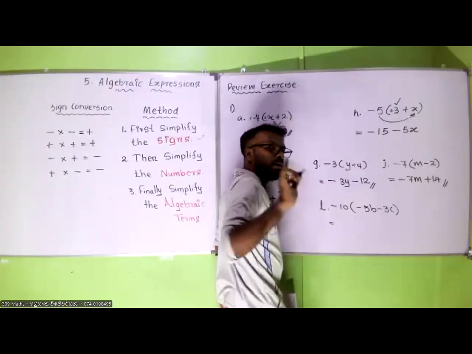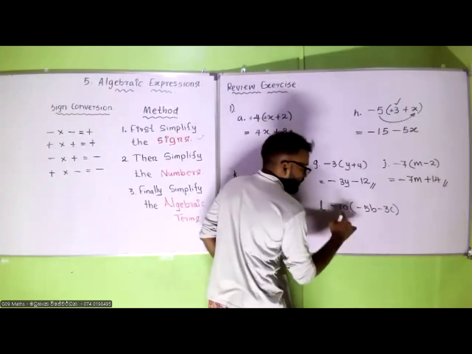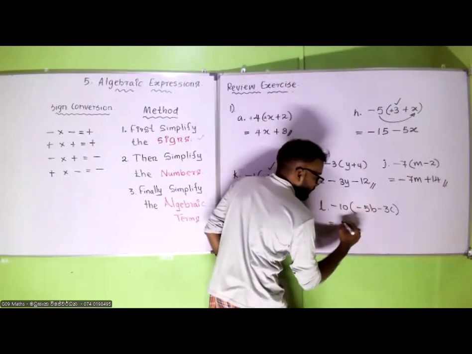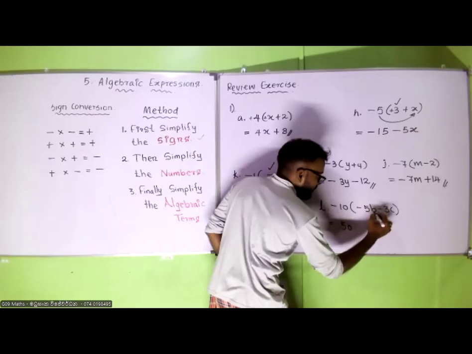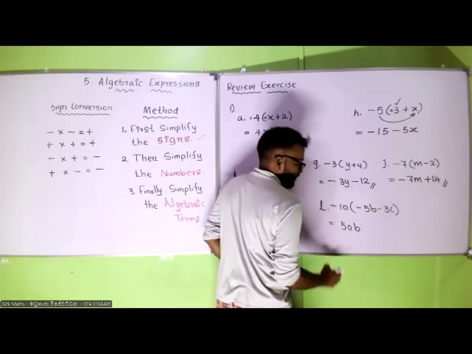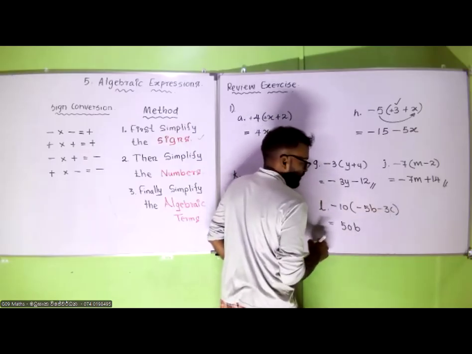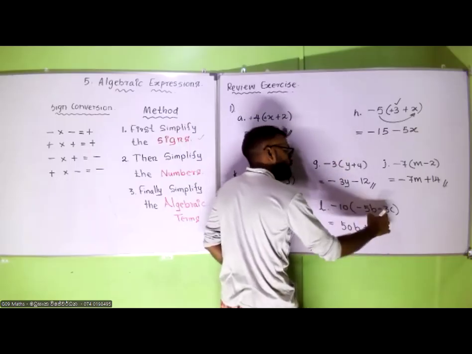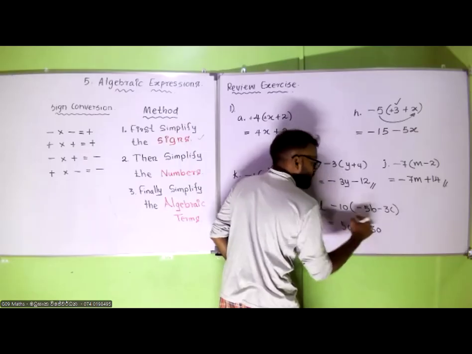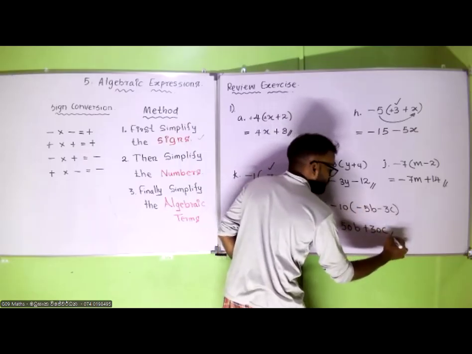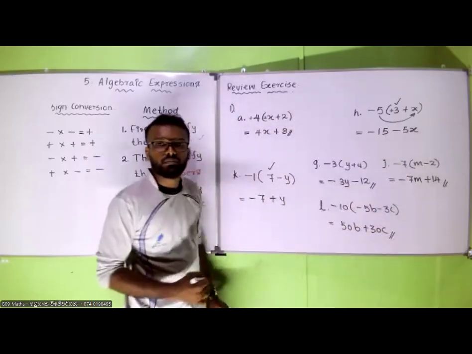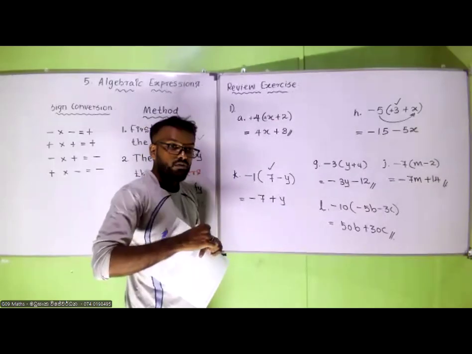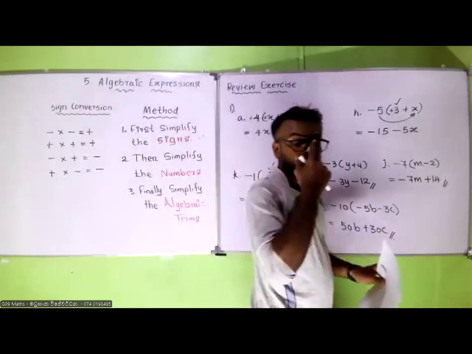I am not going to write the sign because that is positive. 10 times 5, 50. The term is b. This is positive 50b. Negative into negative, positive. 10 times 3, 30. The algebraic term is c. Super. Most of you, I think, got the correct answer.